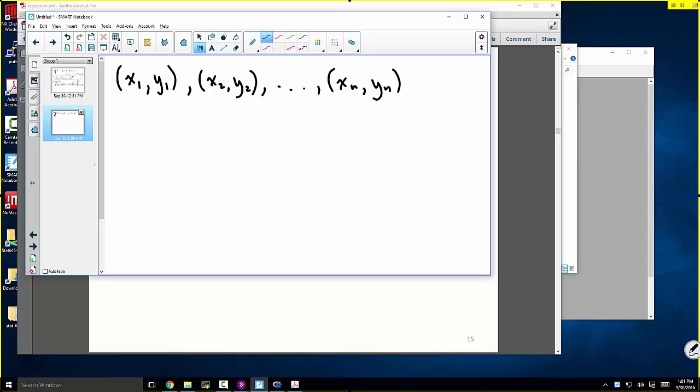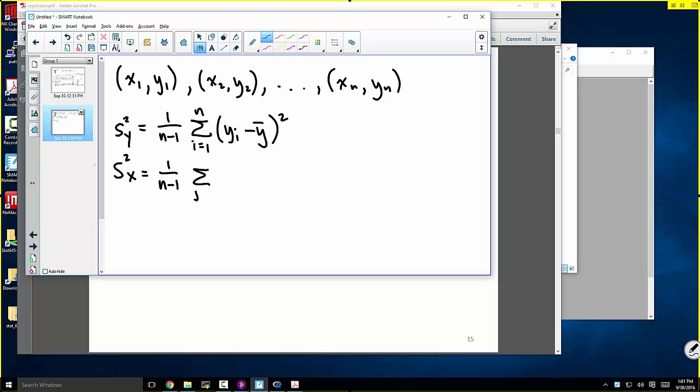The sample variance of those y's, let's call it s squared y, would be 1 over n minus 1 times the sum over all i of yi minus its mean squared. Similarly, the sample variance for the x's would be 1 over n minus 1, sum i equals 1 to n, xi minus x bar squared.